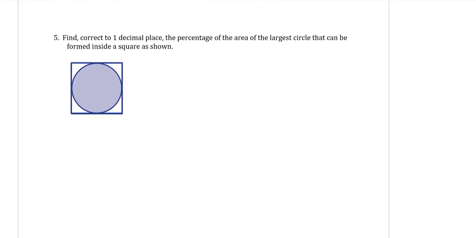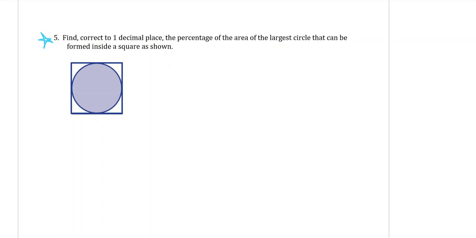Question 5. And this is a bit of a challenge question, this one. Find, correct to 2 decimal places, the percentage of the area of the largest circle that can be formed inside a square as shown. Okay, so if I want to know the percentage that this circle is of the square.